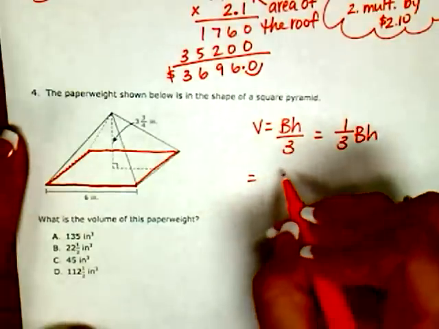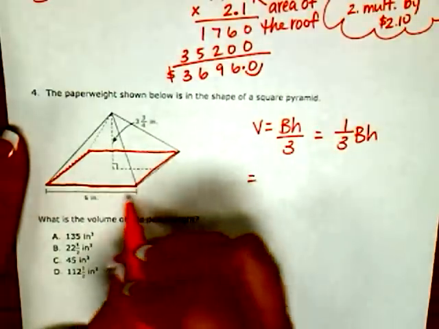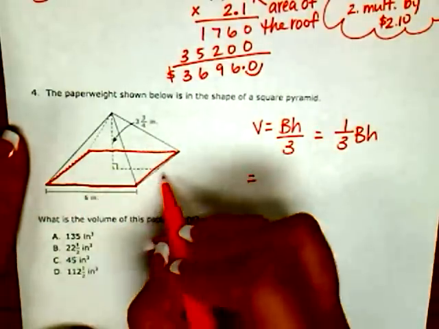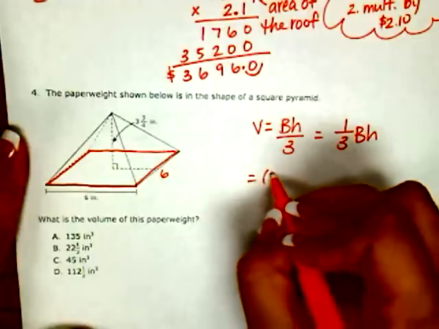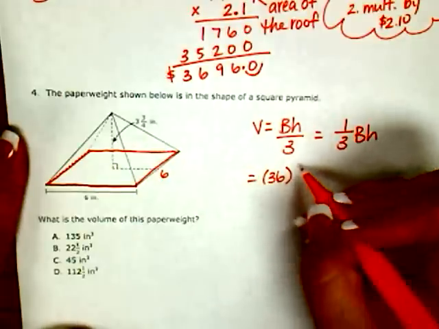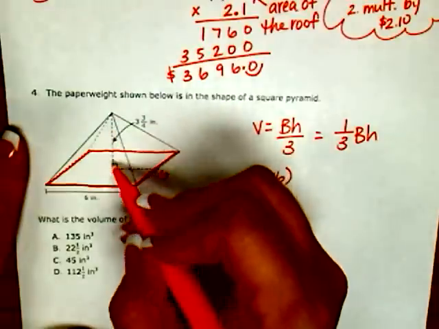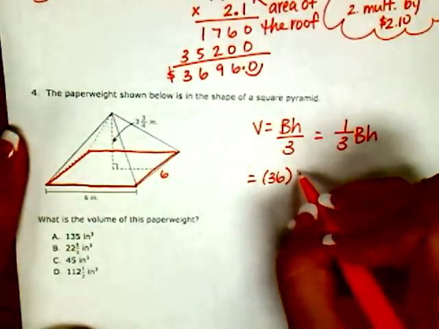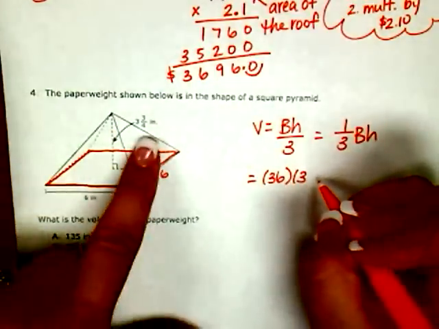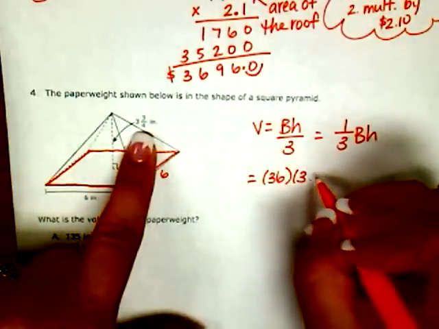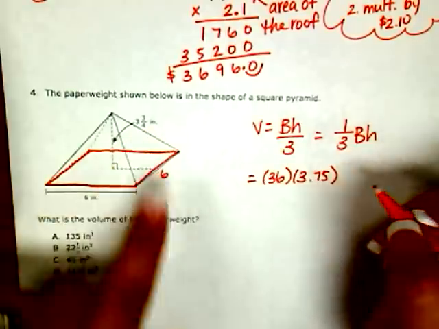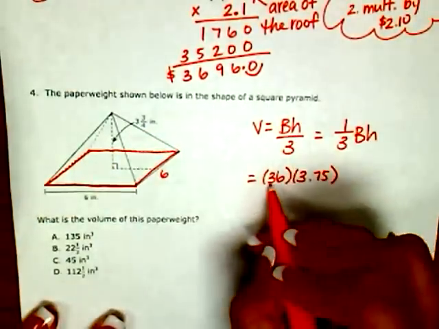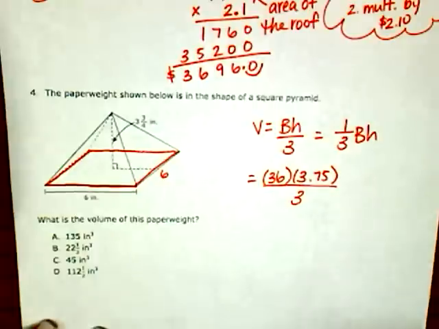So to find the area of a square, I'm going to do side times side, so 6 times 6, which is 36, times the height of all of it, which is 3 3/4. I'm actually going to change that to 0.75. And then I still have to divide that by 3.